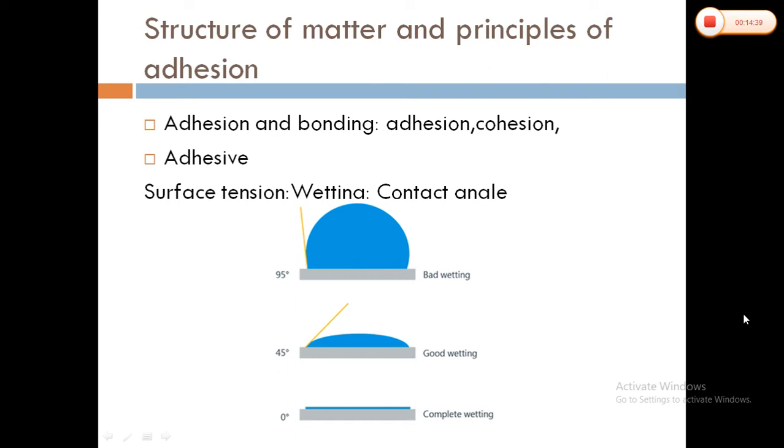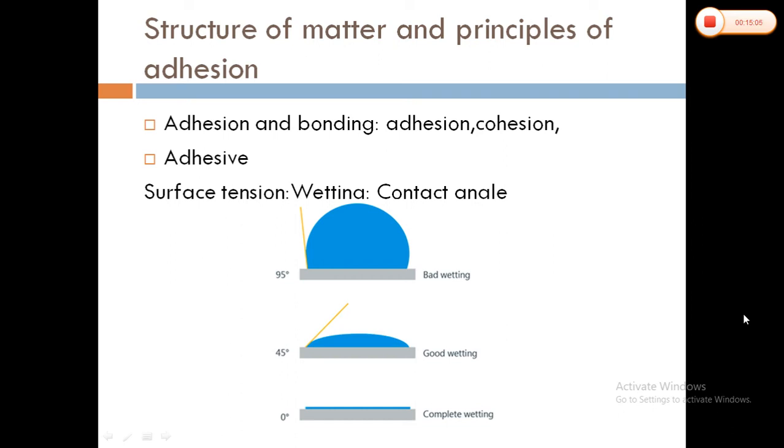And an adhesive is a material that helps in adhesion of two surfaces. This adhesion is again dependent on surface tension, wetting and contact angle. So just understand these terminologies for now.